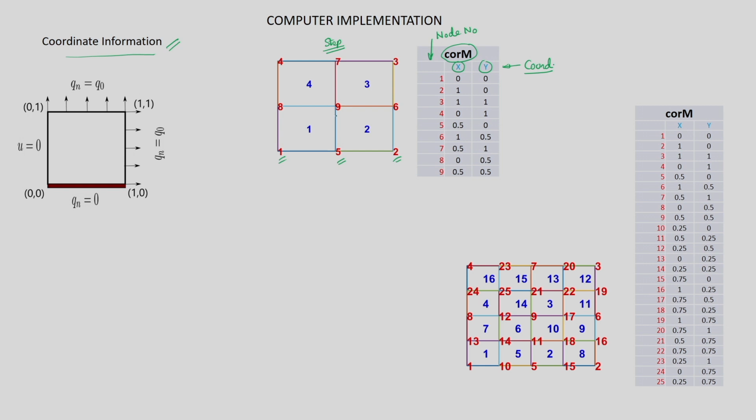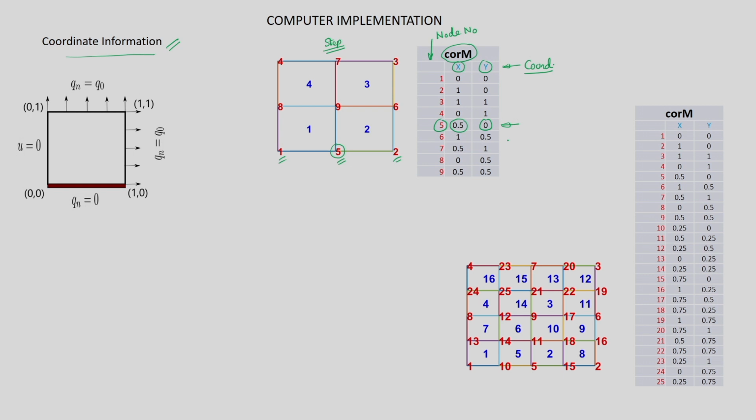So, if I look at the fifth node, the coordinate of the fifth node is x equal to half, y equal to 0, because the domain is a square domain with side 1 unit. So, the fifth node, the x coordinate is half, y coordinate is 0, alright, that is how we will move.